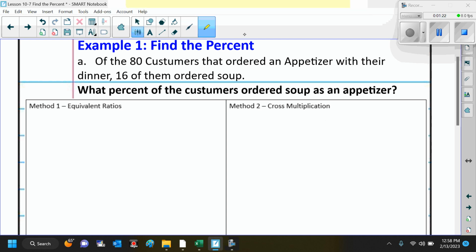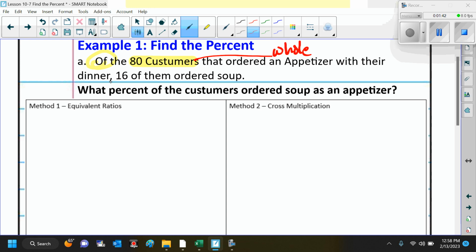So first thing we want to do is identify our important information. It says of 80 customers, so that means that 80 is the whole. That is all of the customers. And 16 of them ordered soup, and that's the part.